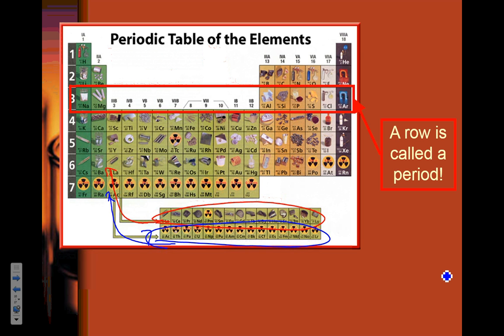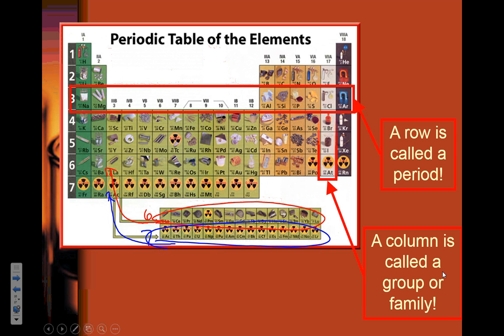So remember, this is actually in period 7, and this is actually in period 6. If we put them there, they'd either make a super wide periodic table that's not convenient, or they'd all stack on top of each other, in which case we can only see the top element in the stack. So we pull them out and put them across the bottom for simplicity's sake. So the periodic table has 7 rows or 7 periods.